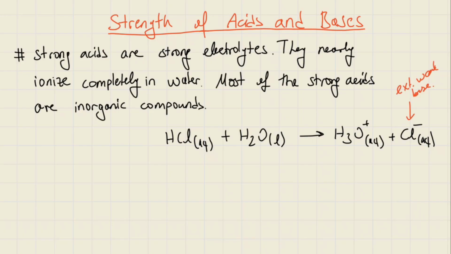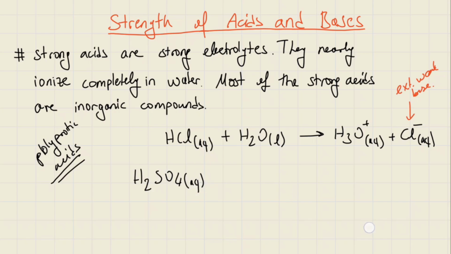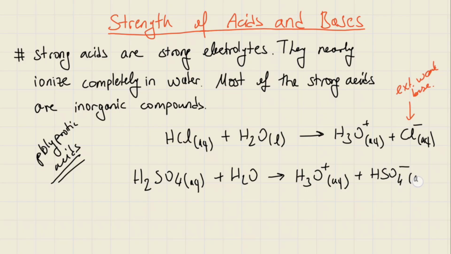And we have another type of acids, for instance, polyprotic acids. These acids have more than one proton, and H2SO4 is the most common one. If you put it in water, it ionizes and creates the H3O+ ion and the HSO4- ion.